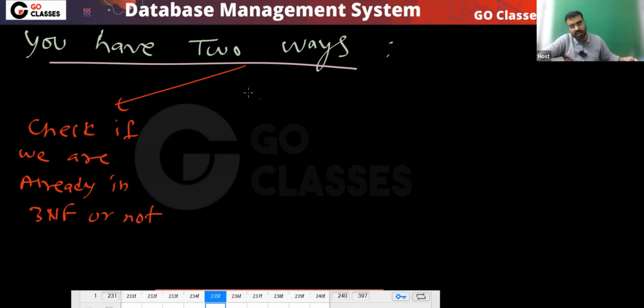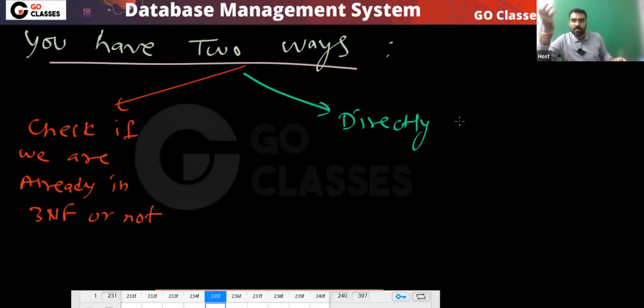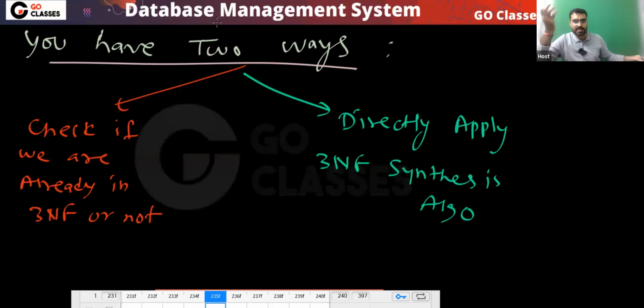And what is the other method, where you don't even have to check? You directly apply the 3NF synthesis algorithm, regardless of whether your initial relation is in 3NF or not.